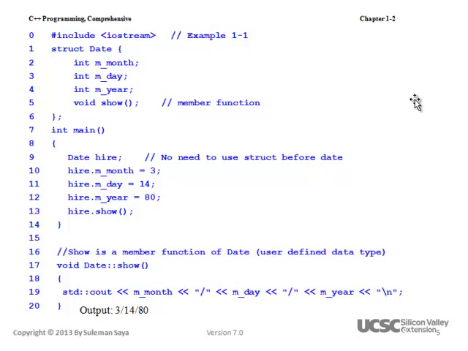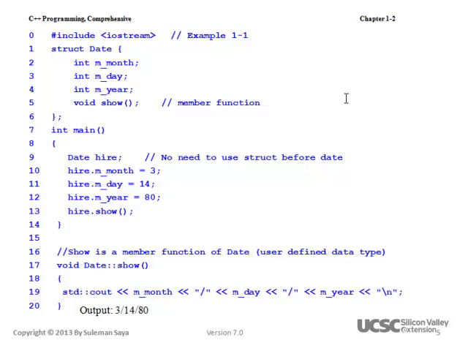Since it's a library, all those functions are already pre-existing and already written for you. So let's go over this example 1-1 to understand what data abstraction is.